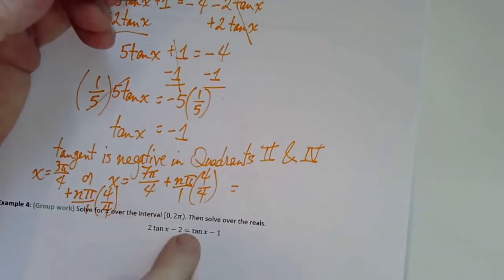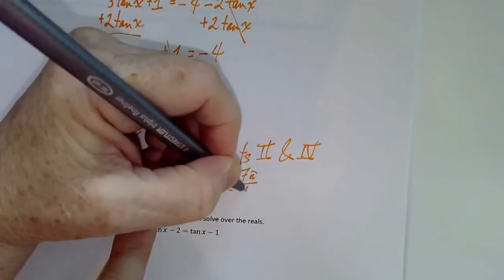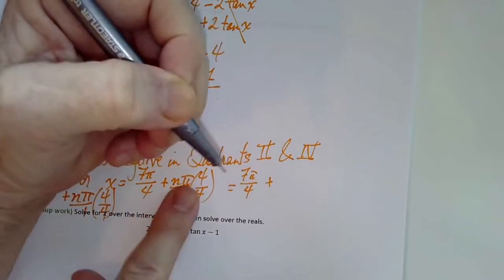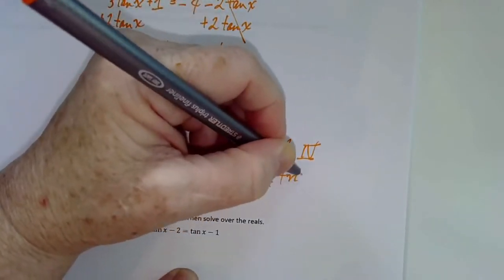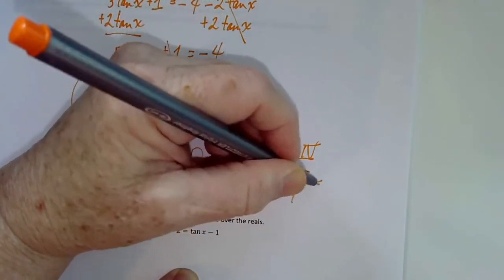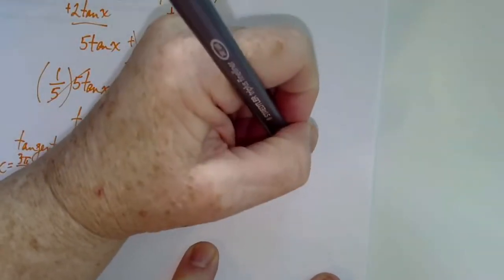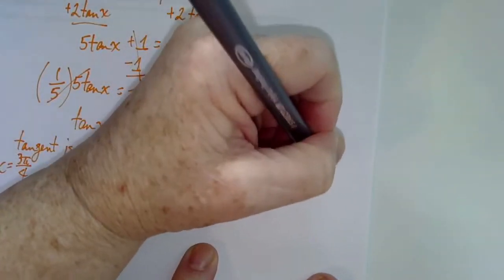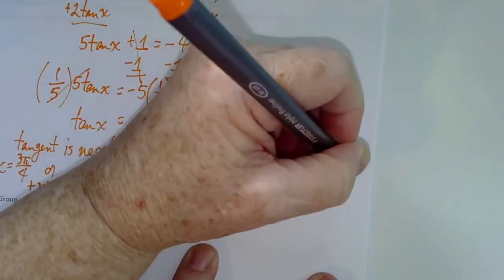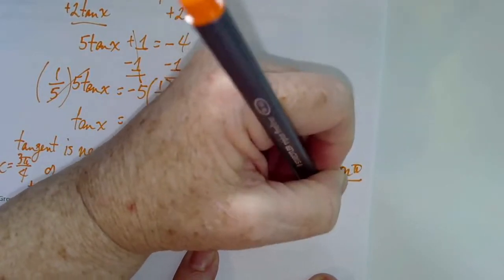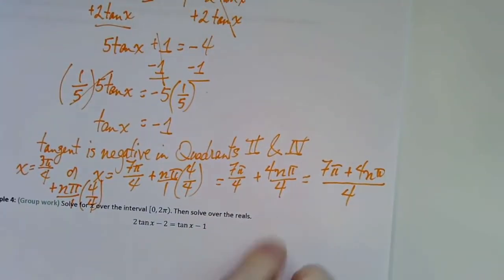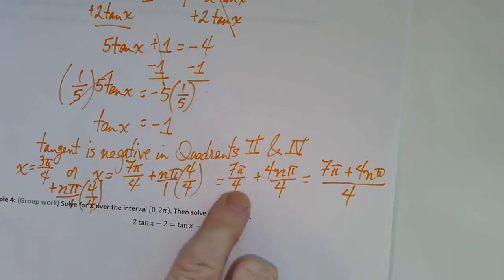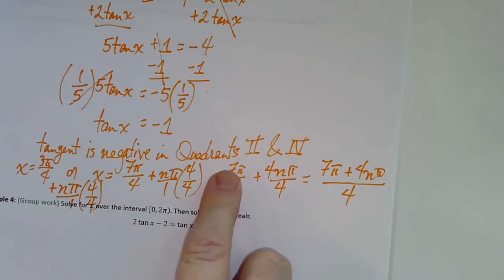Let's do the one on the right first. We've got 7 pi over 4 plus 4n pi over 4, and we get 7 pi plus 4n pi all over 4. That's the general solution that came from the specific solution x equals 7 pi over 4.